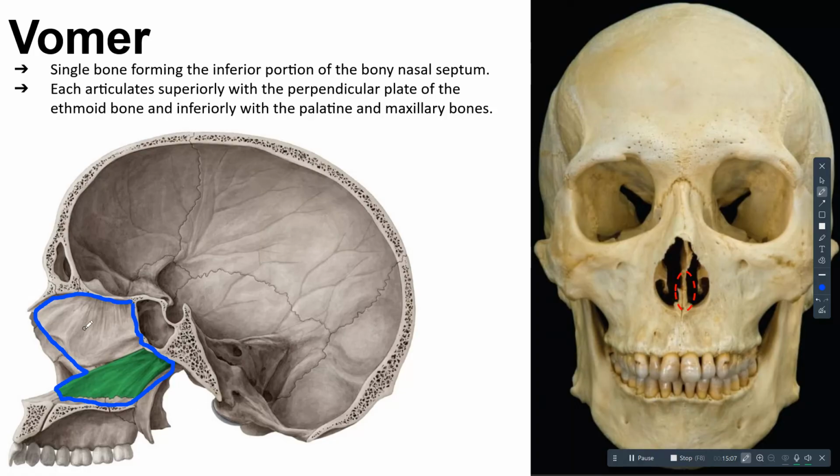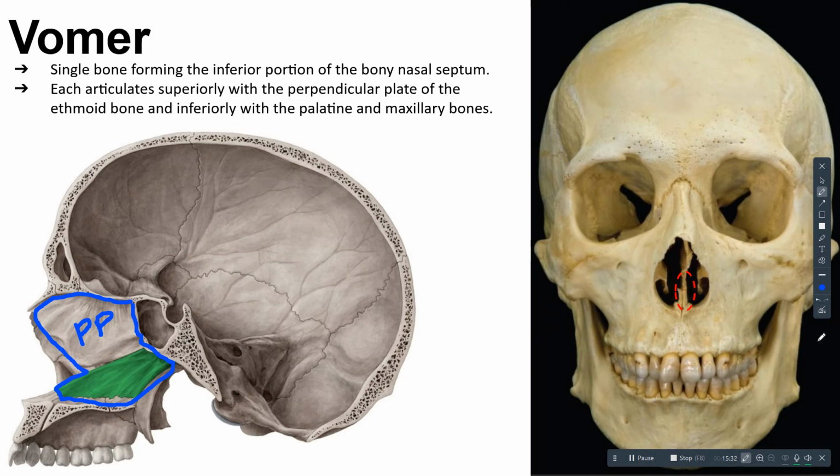And this upper part of the bony nasal septum, we did that last time. That was the perpendicular plate of the ethmoid bone. And the lower portion outlined in green here is the vomer. I also see it in red over here as well. So the vomer articulates with that perpendicular plate of the ethmoid bone superiorly.